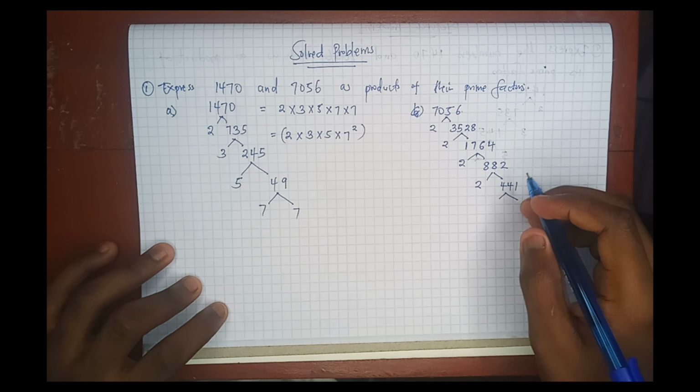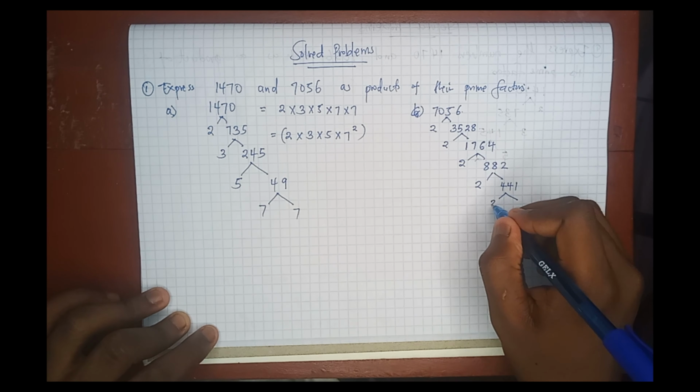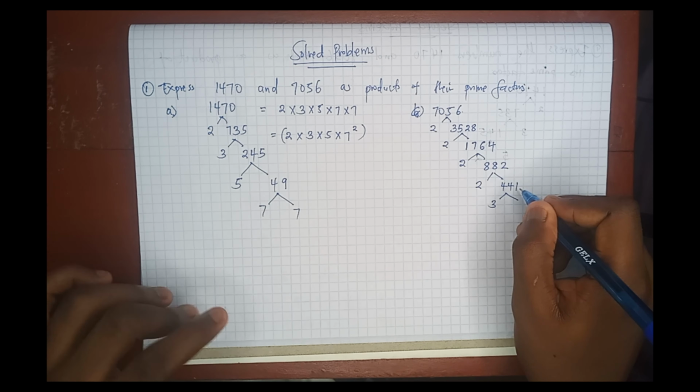So the next prime number is 3. Check if it is divisible by 3. Yes, 4 plus 4 is 8, 8 plus 1 is 9.